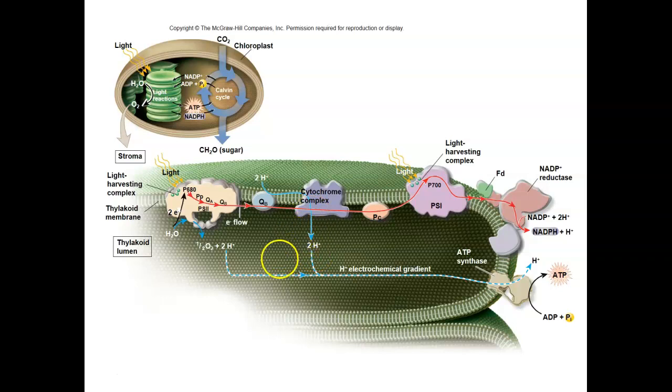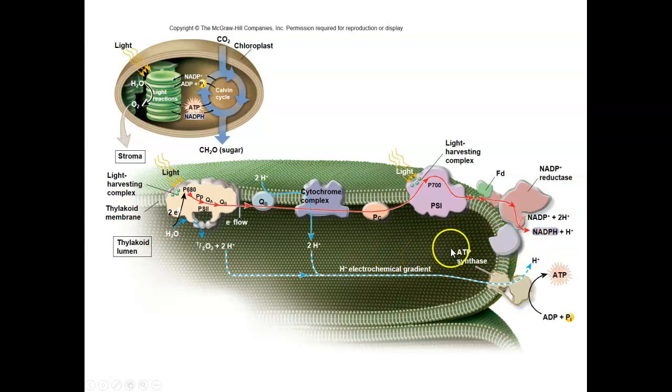So that's a second way that we increase the H+ concentration. And lastly, when we formed NADPH, we went from NADP+ with 2 protons to NADPH with 1 proton. So that decreased the H+ concentration out here in the stroma. So those 3 things together are all going to cause you to have a high difference in concentration in the thylakoid lumen versus in the stroma.